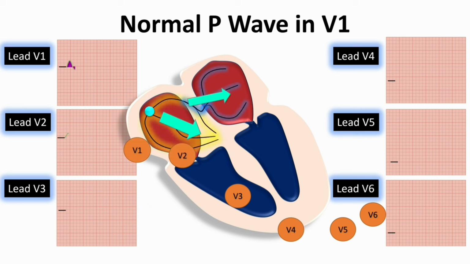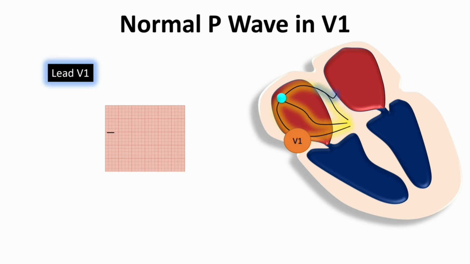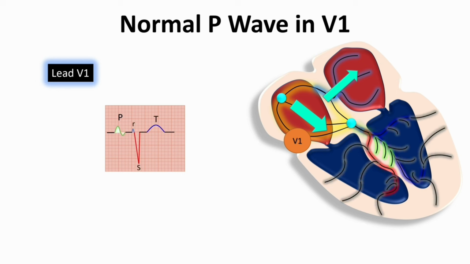From the position of V1, the right atrial depolarization wave moves towards the V1 lead, thus it shows the positive deflection, but the left atrial depolarization wave moves away from the V1 lead, thus it shows the negative deflection. Thus, the sequential depolarization of the right and left atrium and also the position of the V1 lead are responsible for the biphasic appearance of the P wave in the V1 lead.